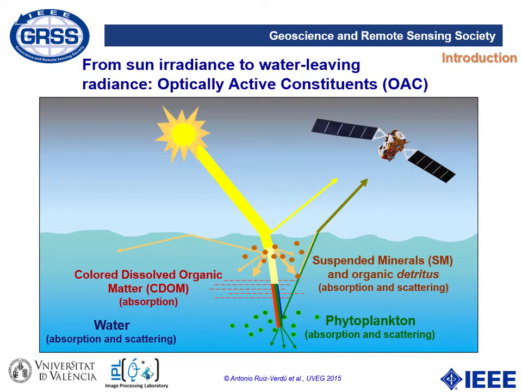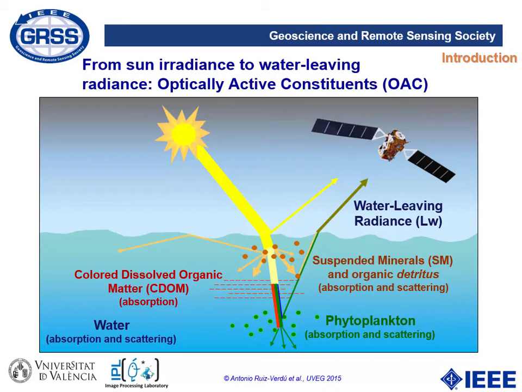So at the end, what we have is this complex group of interactions in which solar light is being modified through its pass through the water bodies. And at the end, what we measure is the part of this radiation that is backscattered, that is scattered towards the sky, and that's called the water leaving radiance.